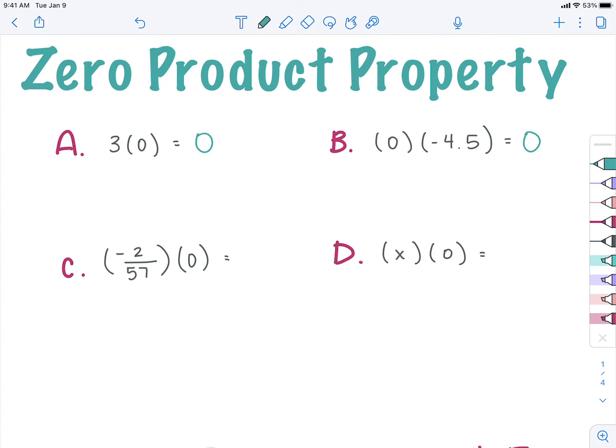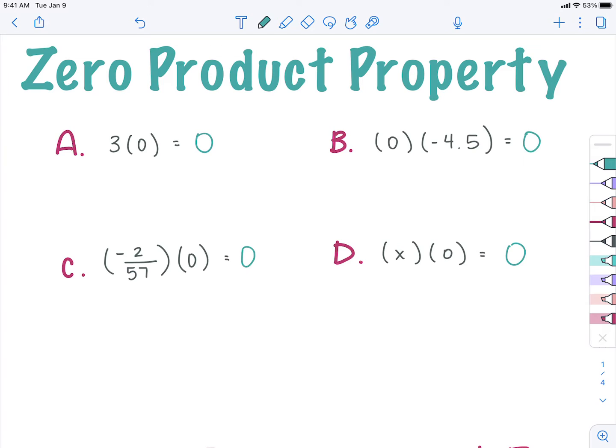Still 0. What if I asked you for x times 0? A little bit trickier, but we've figured out, doesn't matter how scary the number looks, right? If we multiply it by 0, it's going to be 0. So x is just representing a number we don't know, but it doesn't matter what that number is, because if we multiply it by 0, we're going to get 0.